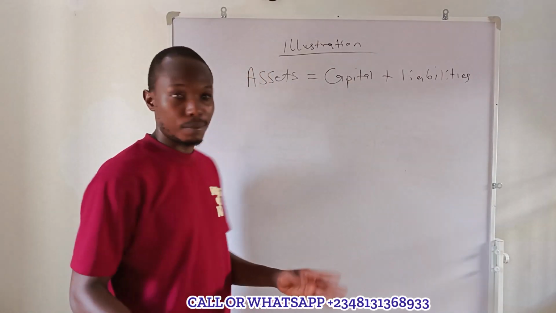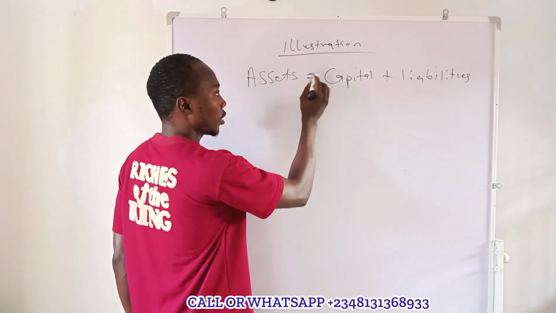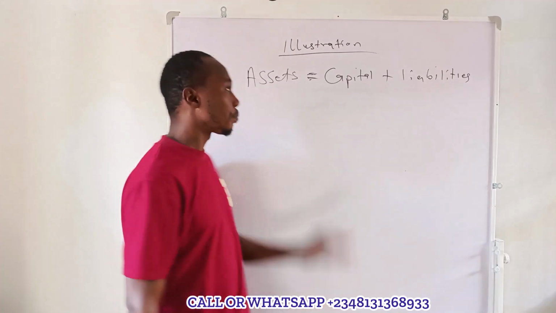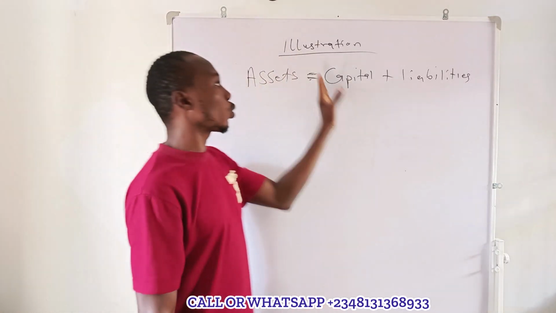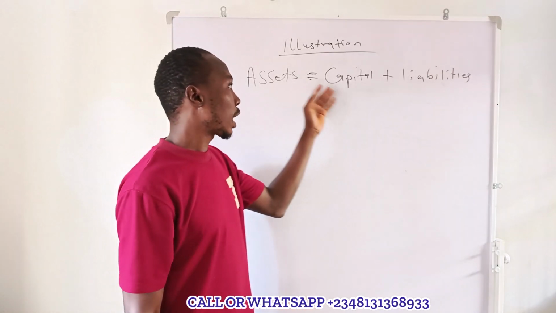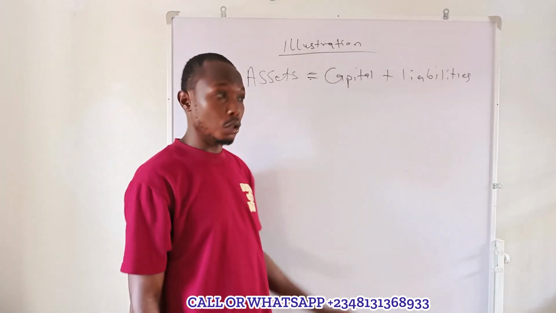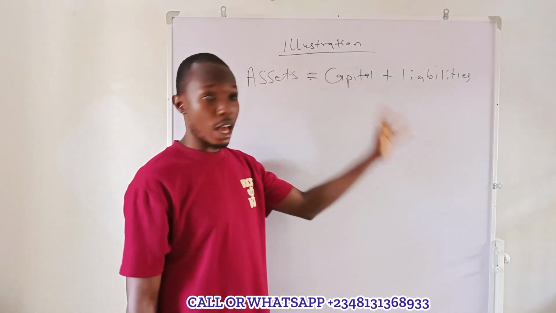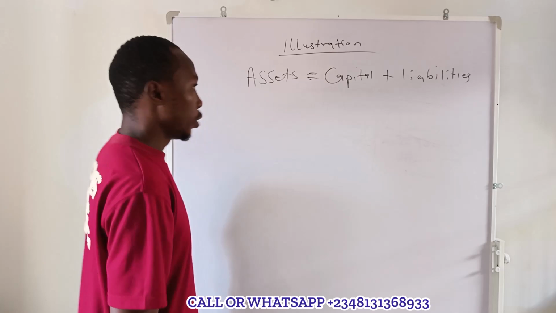It has to balance. This equation is saying that, just like your equilibrium, when you have the left side and the right side, your asset has to be equal, in the same weight and the same amount, to capital and liability, or in the case where it is just capital, or just liability. I explained that in the first video, if you want more detail.